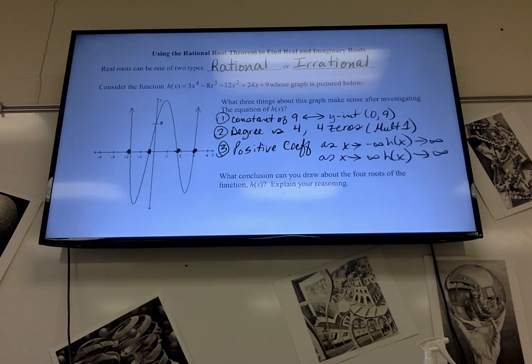So they both point up. So since the degree is even, and since there's a positive coefficient, they're both going to point up, like he said. And if you wrote point up, that's fine too.